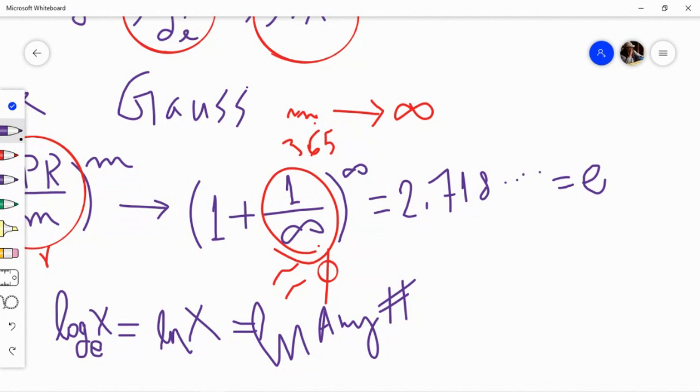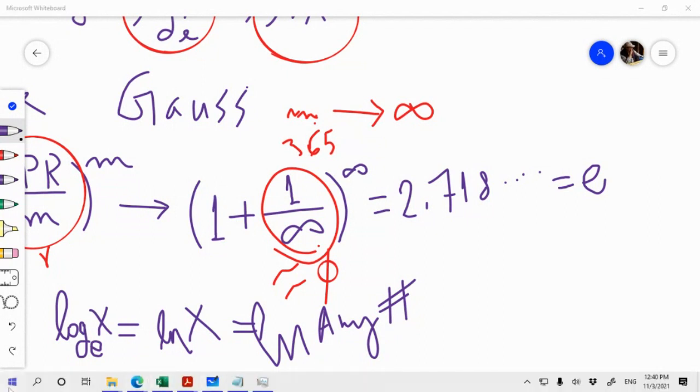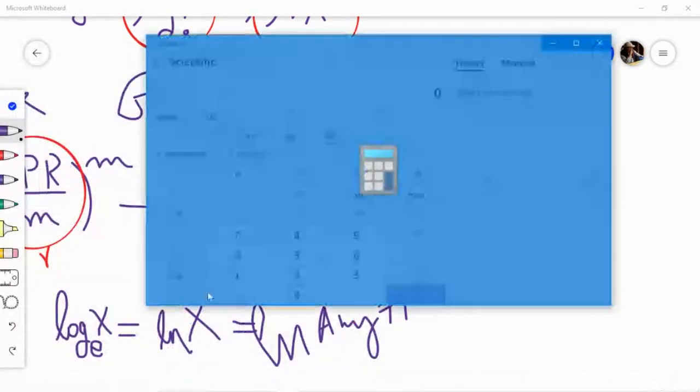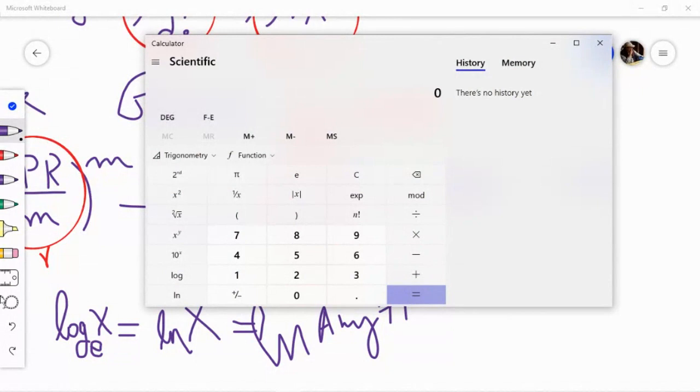for any number. Another thing: if you look into your calculator, your phone's calculator, if you hold it horizontally, it will turn into a scientific calculator. Or sometimes there's a button that switches between scientific and regular calculator. Here's the natural log, and also here's EXP.